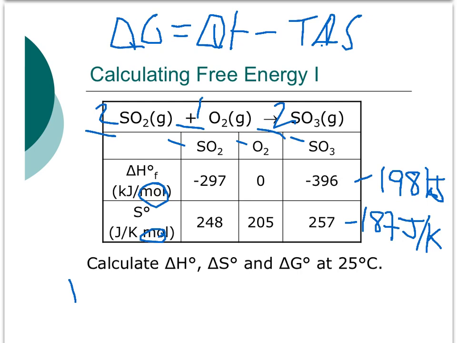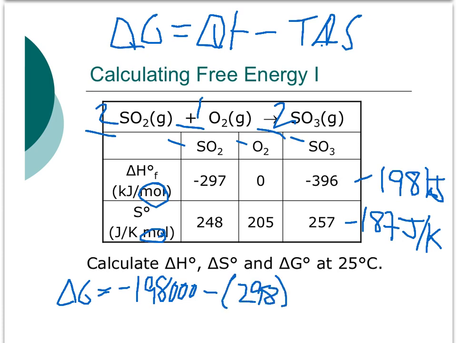So then my delta G here, there's one silly mistake you can make at this point. We need to make sure that we convert either our kilojoules to joules or our joules to kilojoules. I'm going to go ahead and convert the kilojoules to joules for the delta H and do the rest of the calculation.